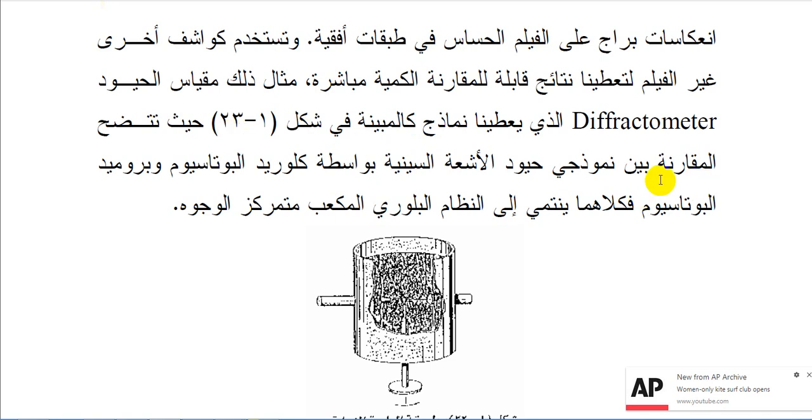That shows the comparison between the X-ray patterns of potassium chloride and potassium bromide. Both of them are very much identical, both forming an FCC crystal lattice structure.